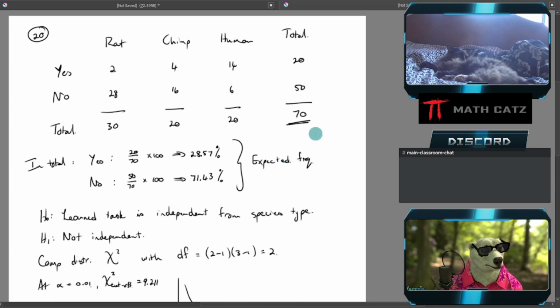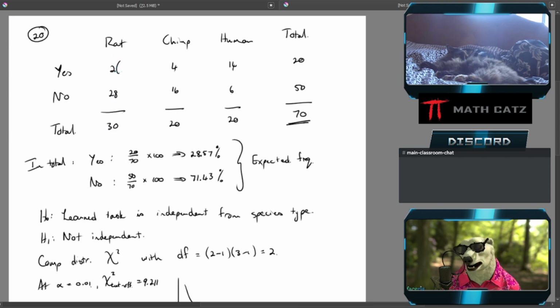So we have to see, according to these frequencies, what do we expect for the number of rats under the null hypothesis that it doesn't matter which species you're in, it's going to be these percentages or very close. What do I expect? Well, I expect 28.57% of the 30 to be in the yes row.